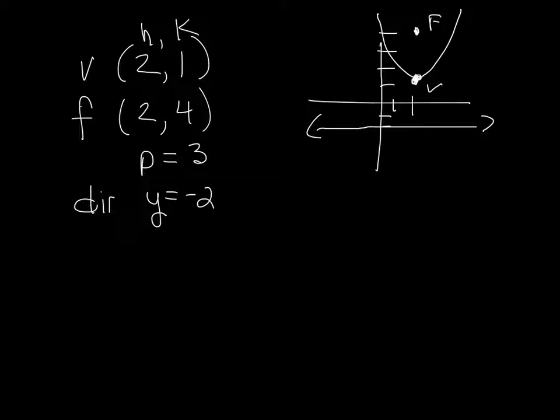All right, so here's my directrix, but I want the equation. I just graphed it so we could see what it looks like. Is p positive or negative? Positive, it opens up. So we're going to have x minus 2 squared equals 4 times p times y minus 1.